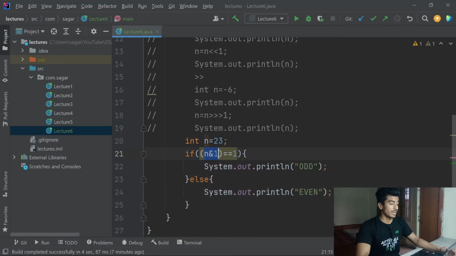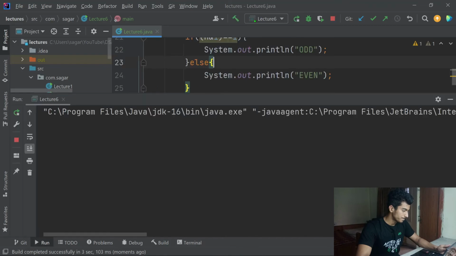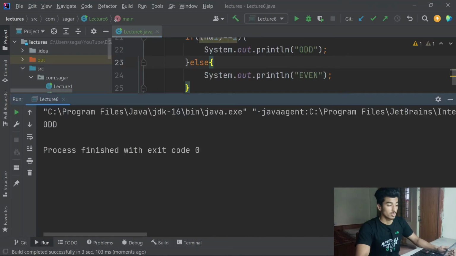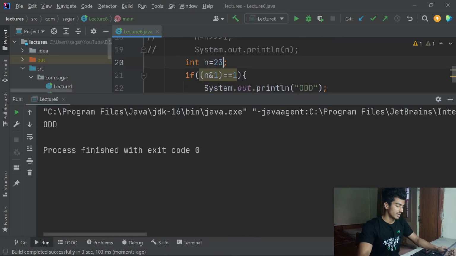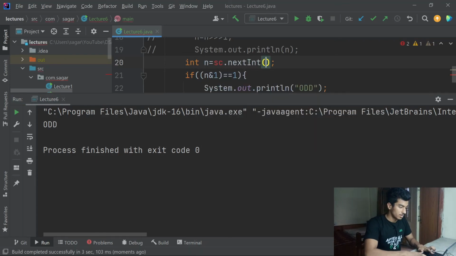So if n & 1, n is here 23, 23 & 1, that is 1. So if it is 1, then the number is odd, else even. So let's run this, and the answer is odd. So let us take that number from our input, c.nextInt.